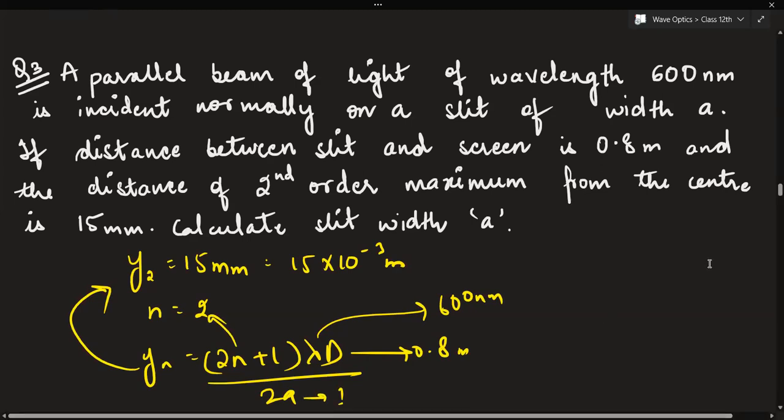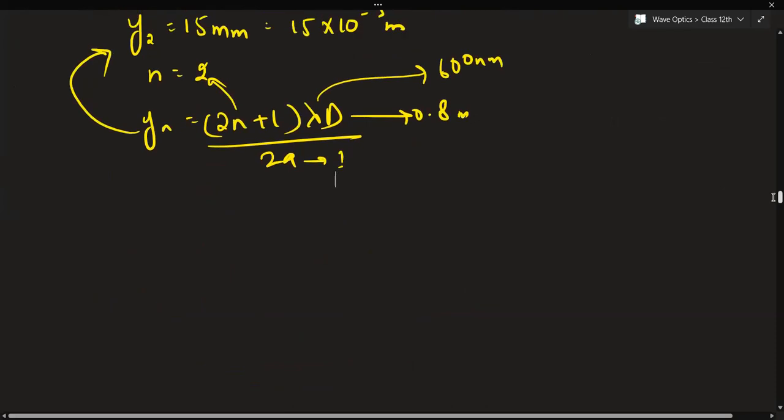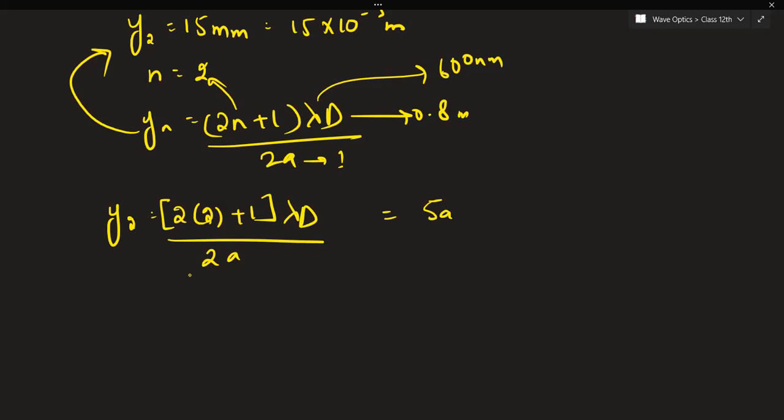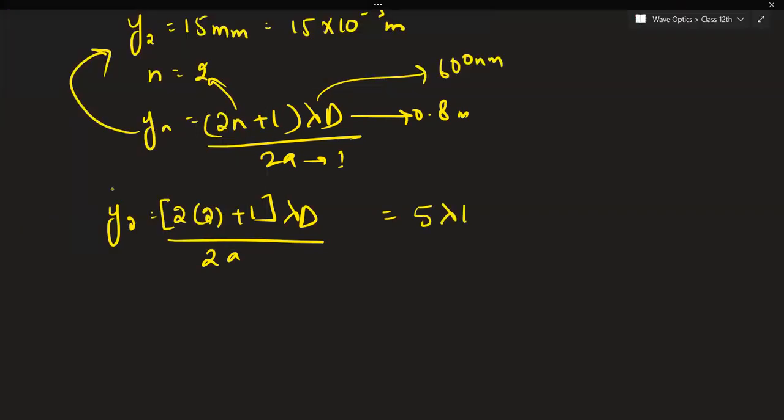So now I think it's a formula based question. We'll be able to calculate this. See, class C, so many questions we have done. Questions like this only will come. So y2 will become (2 into 2 plus 1) lambda D by 2a, which is 5 lambda capital D by 2a.